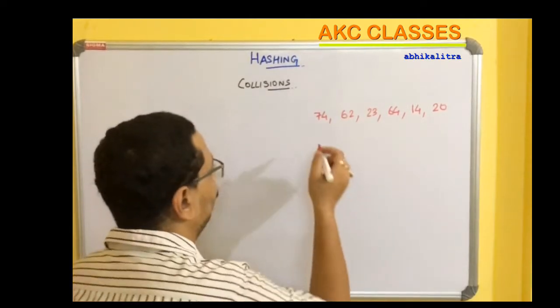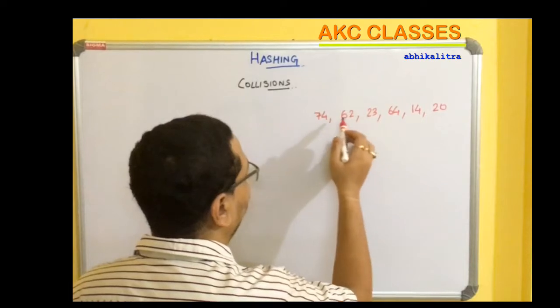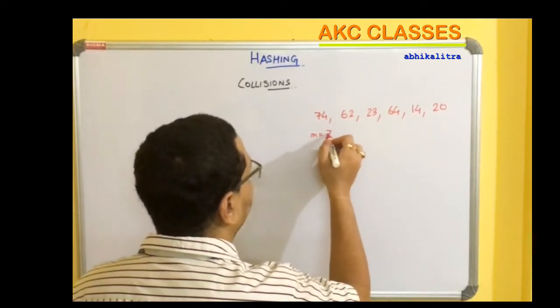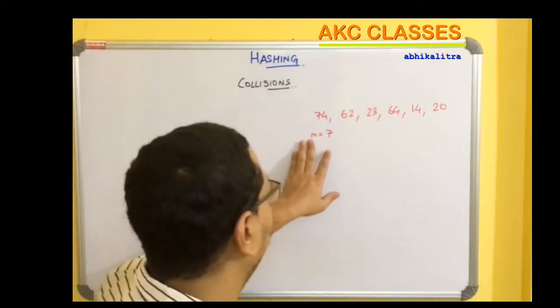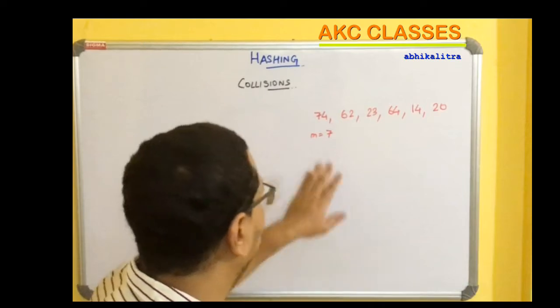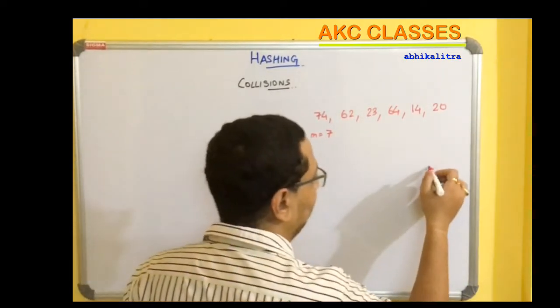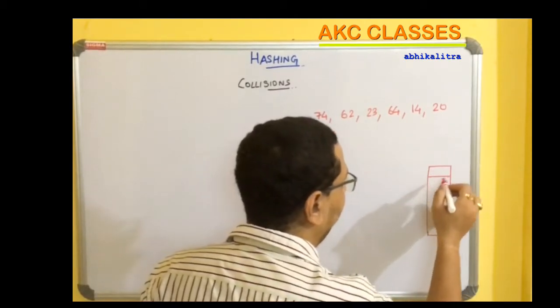How many data values are these? 1, 2, 3, 4, 5, 6. So I assume the size m to be 7. So the value of m I assumed is 7, which means there are a total of 7 different locations in my array.